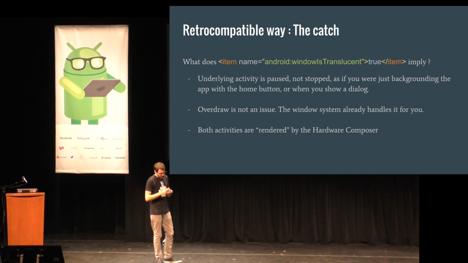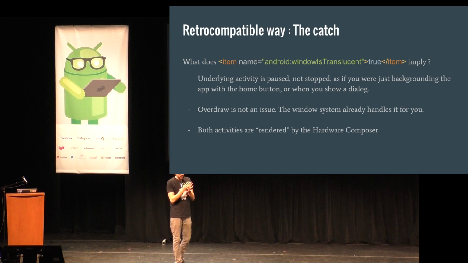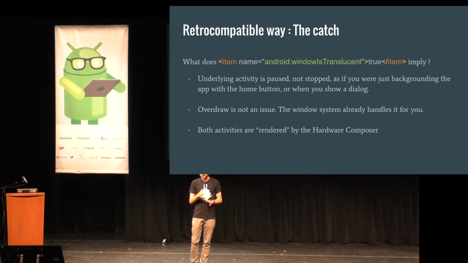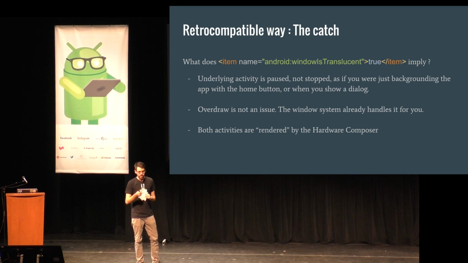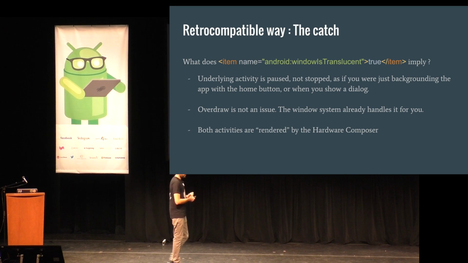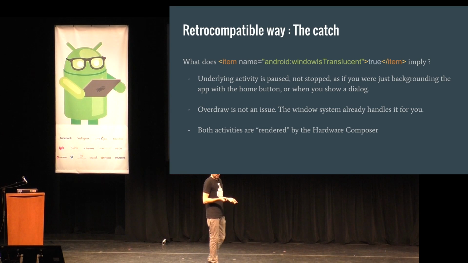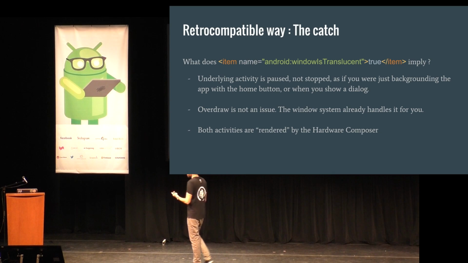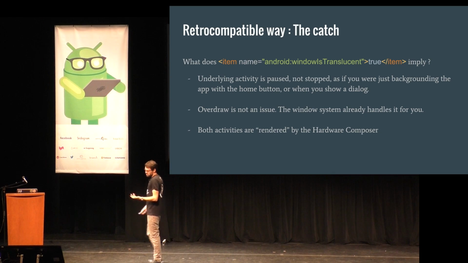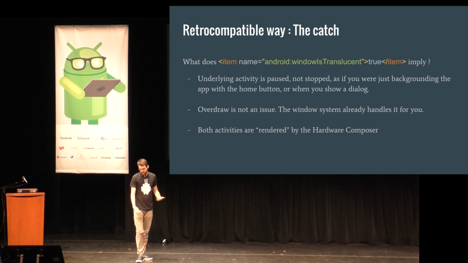First of all, when you start the translucent activity, the underlying activity only goes through onPause. It doesn't go through onStop. So this is the equivalent of just pressing the home button or the recent button. So that's not a big deal, right? Because usually you release heavy stuff in your onPause anyway. That's actually completely fine.